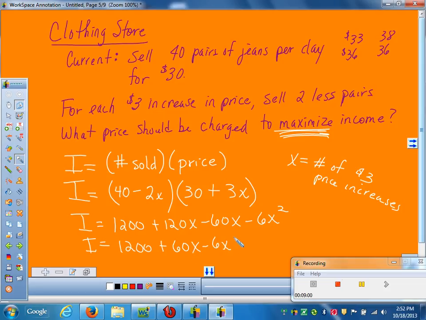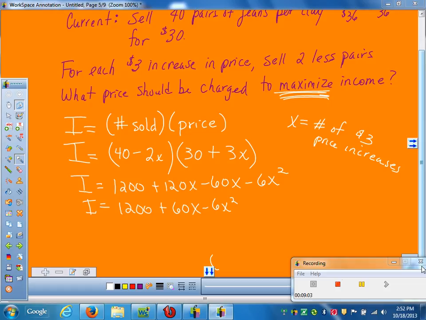Okay, my question is, what do you want to find to answer this? Okay, so I got a quadratic. It's a parabola. What's that have to do with my ability to answer this question? I underlined it. Maximize. This is a parabola. Is this a parabola going up or a parabola going down? Look at your x squared term, which is hidden in the back.